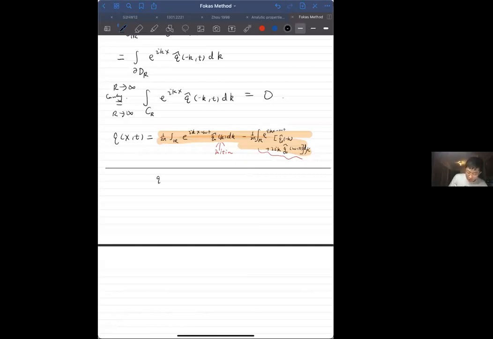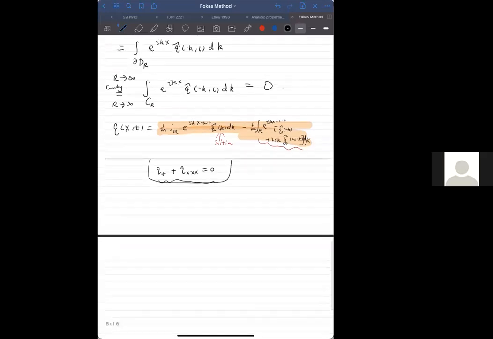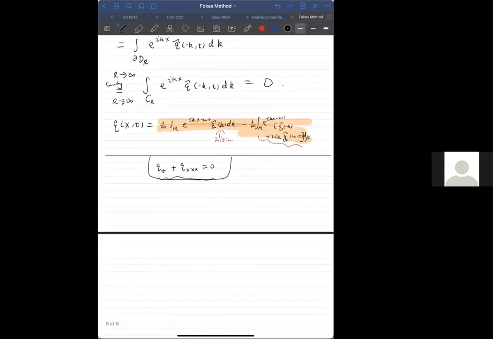For example, if you want to solve the linear KdV, the classic method doesn't give you good results, but the Fokas method gives you a very good representation. For the linear KdV Cauchy problem, we can just use the Fourier transform.